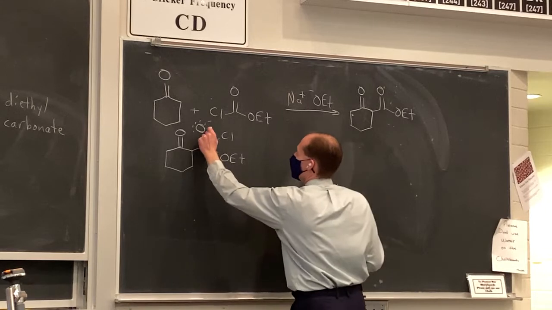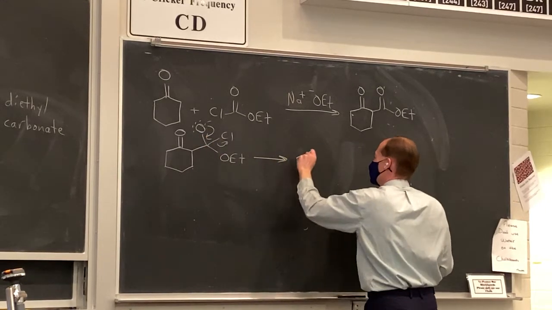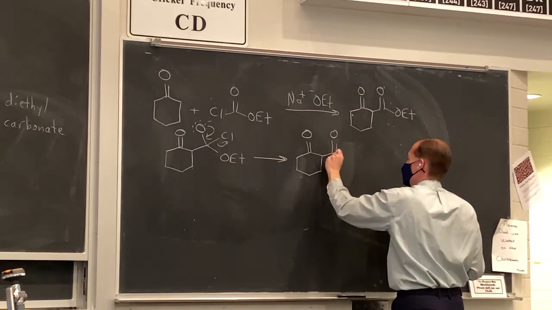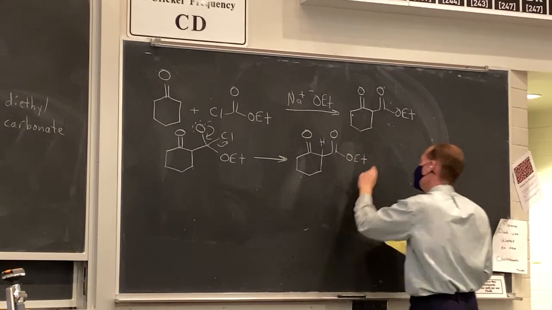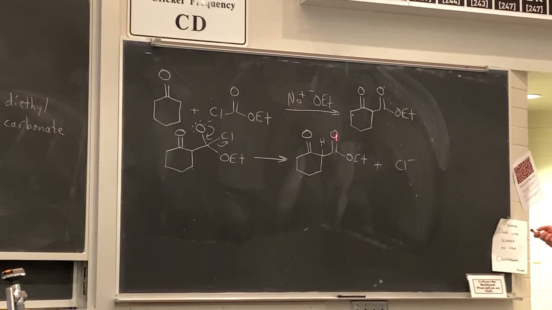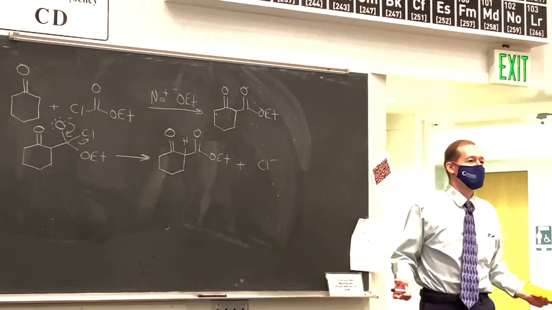Okay, so we're going to eliminate out the chloride. That's going to give us our product, which is a beta ketoester in this case. We've got our acidic alpha hydrogen. We've produced chloride. Is chloride a strong enough base to deprotonate that alpha hydrogen? I see some head shaking.